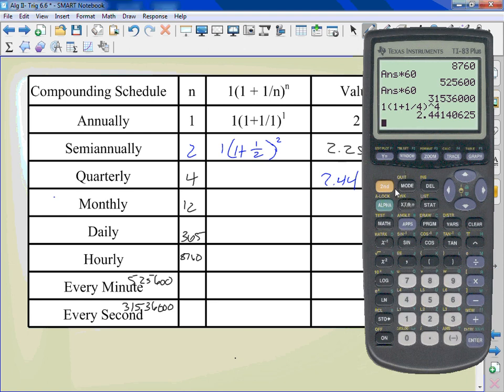The next one, change that to a 12, to the 12th, and I get 2.61. Change it now to 365. There was a faster way to do this. Oh, you put it into a chart? I get 2.71.